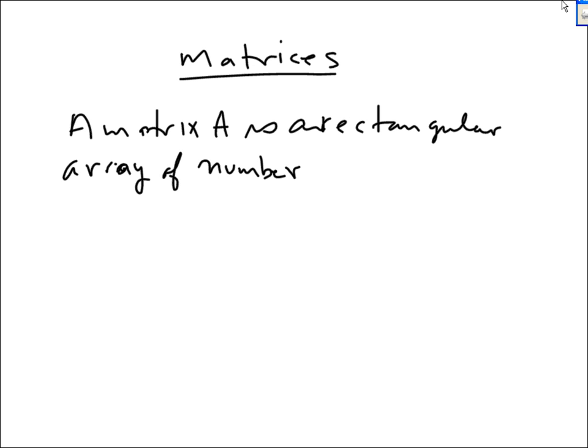In our course, it'll be real numbers, not imaginary numbers. Matrix A is a rectangular array of numbers with a certain number of rows, say R rows, and C columns.